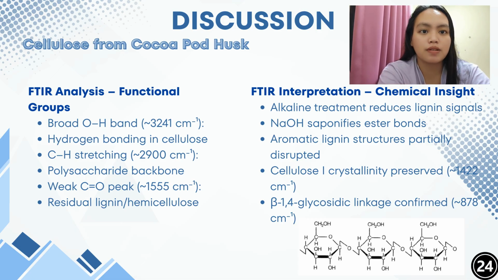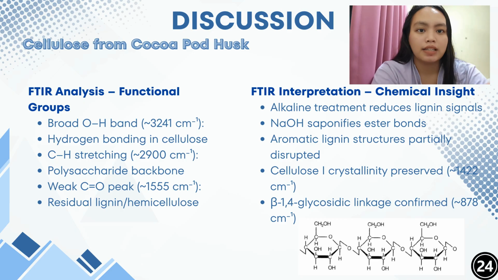A weak peak is observed around 1,555, attributed to the carbonyl and aromatic structures from the residual lignin and hemicellulose. The reduced intensity of the lignin-related peak occurs because the alkaline treatment saponifies the ester bonds and disrupts the aromatic lignin structures. However, without a bleaching step, some lignin and hemicellulose remain in the material.